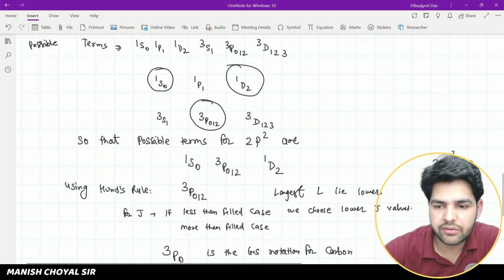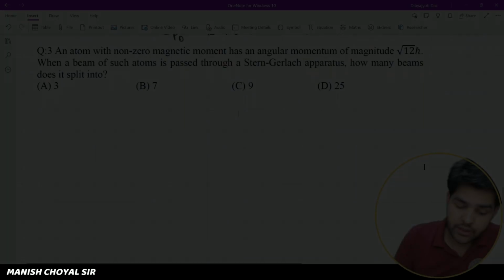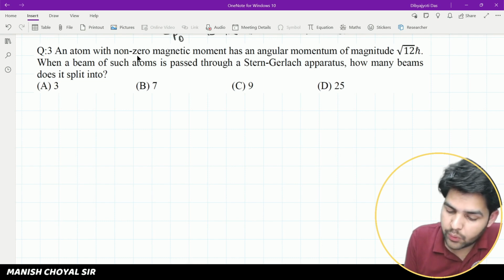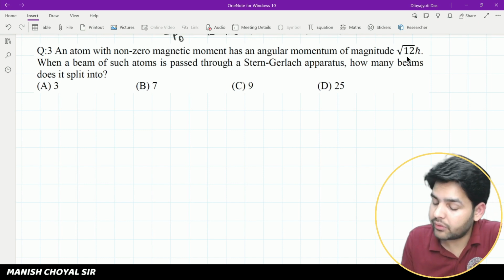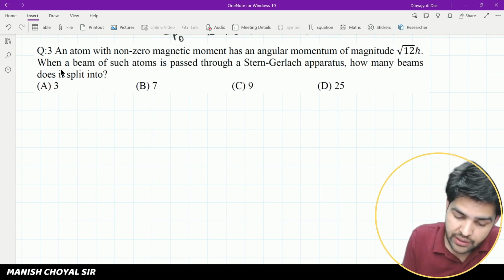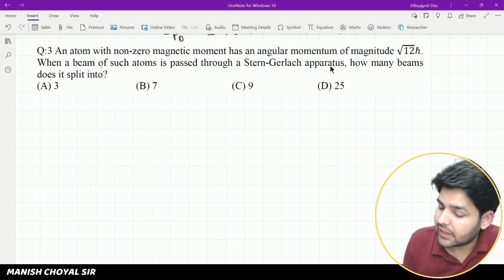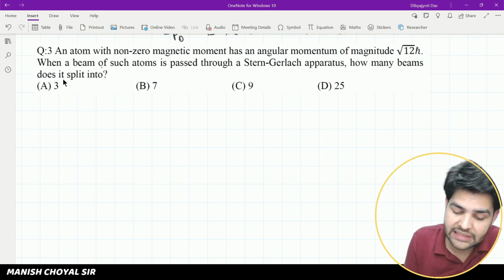So now move to the next question. Question number 3 is: an atom with non-zero magnetic moment has angular momentum of magnitude √12 h cross. When a beam of such atoms is passed through a Stern-Gerlach apparatus, how many beams does it split into?